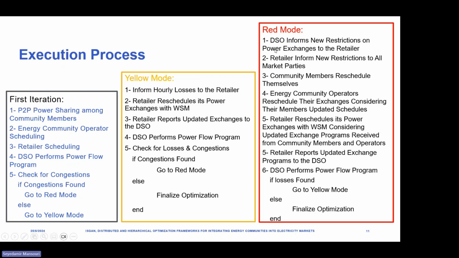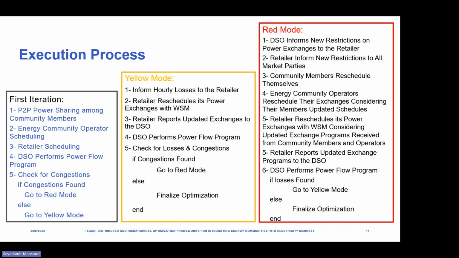At the first step, the DSO informs the retailer of new restrictions to the power exchange, and the retailer informs these new restrictions to all market parties. In the third step, community members, which are smart homes, reschedule themselves considering these restrictions and pass their new schedules to the energy community operator and retailer.